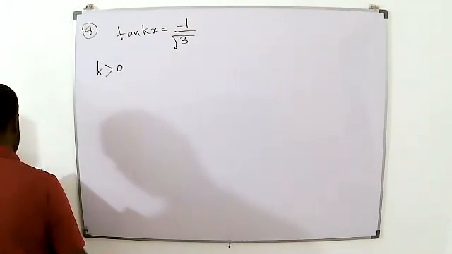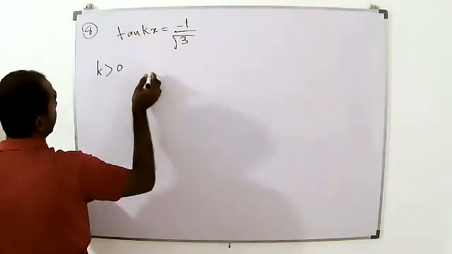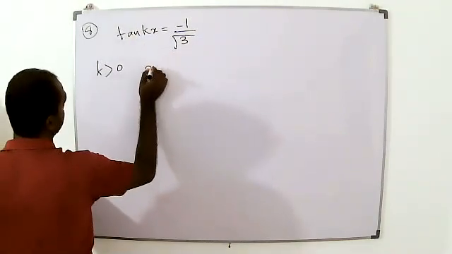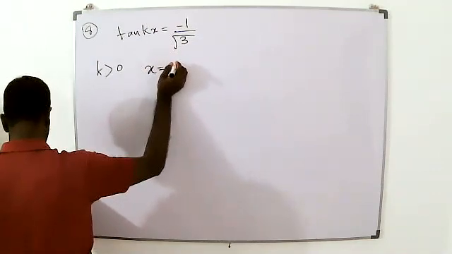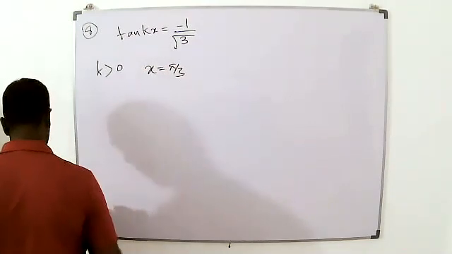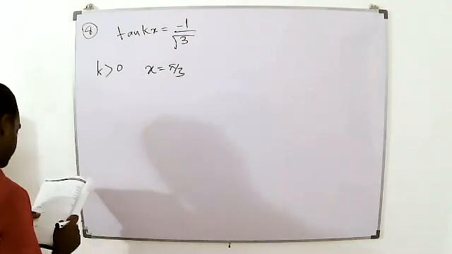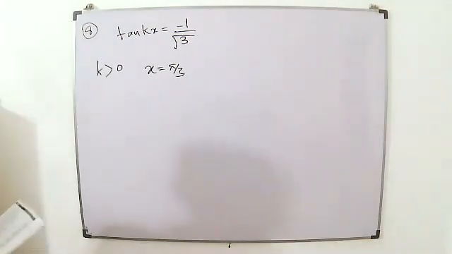Has a solution at x equals 5 over 3. Now we have a solution for this, x equals 5 over 3. Okay. Find the possible value of k. State with justification whether this is the only such possible value for k. Try to find the possible value for k.